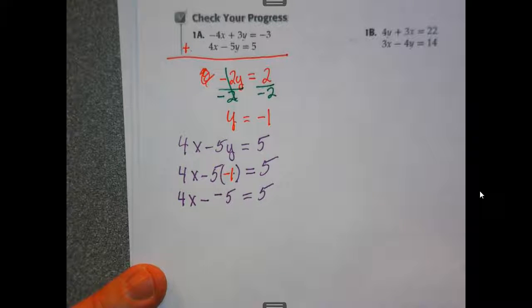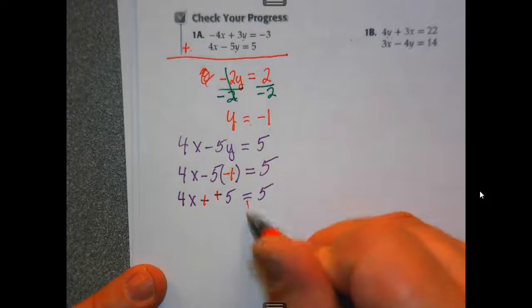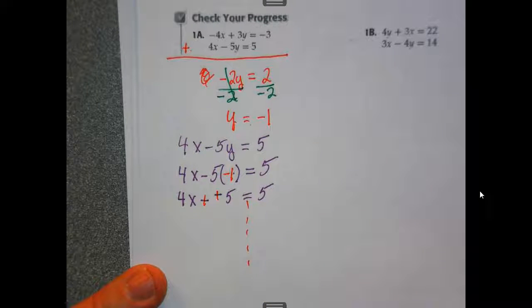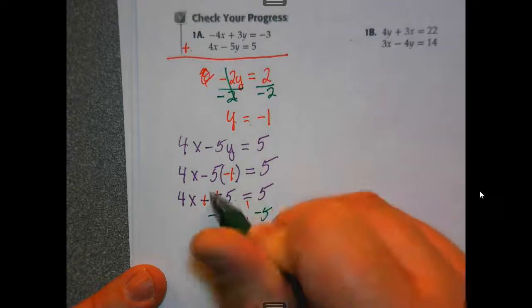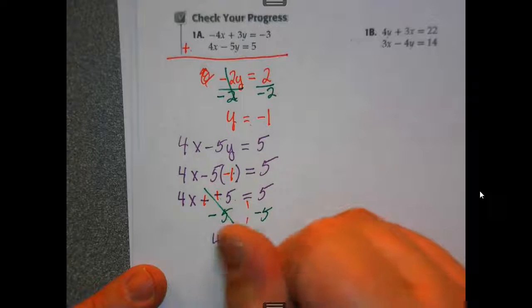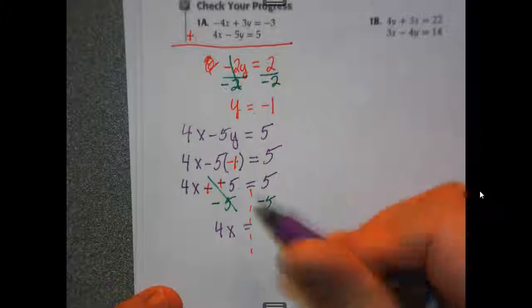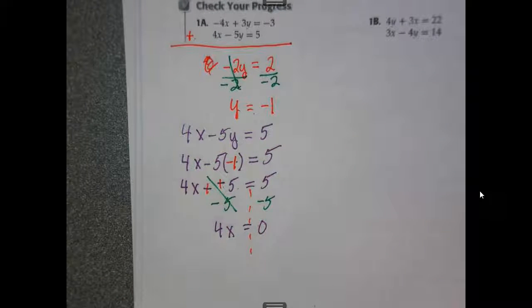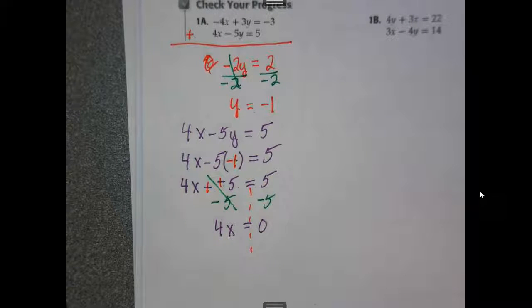Now, a negative negative makes that a positive 5, right? So if I have 4x plus 5, I need to subtract 5. So these cancel to 0. I get my 4x, and 5 minus 5 is 0. Keep going. I have a lot of students that often stop when they get a 0, and I don't know why. 0 is a number.